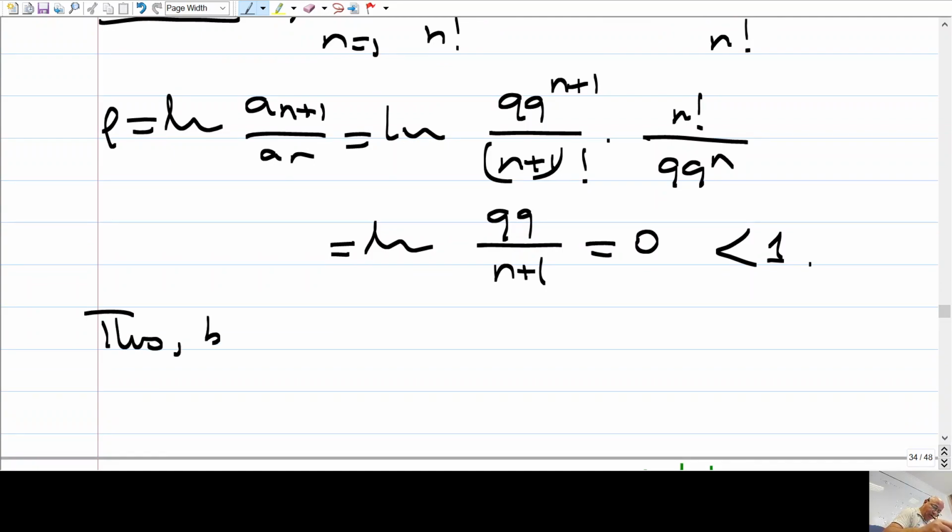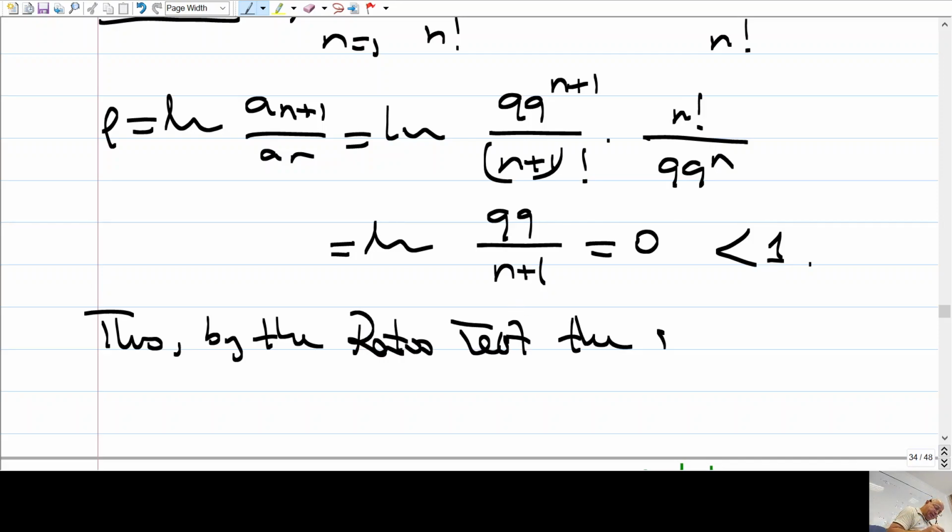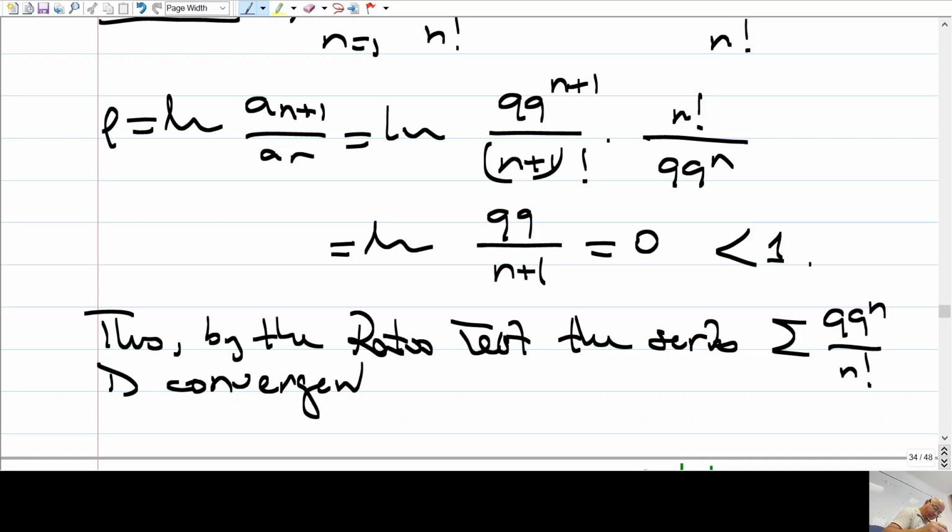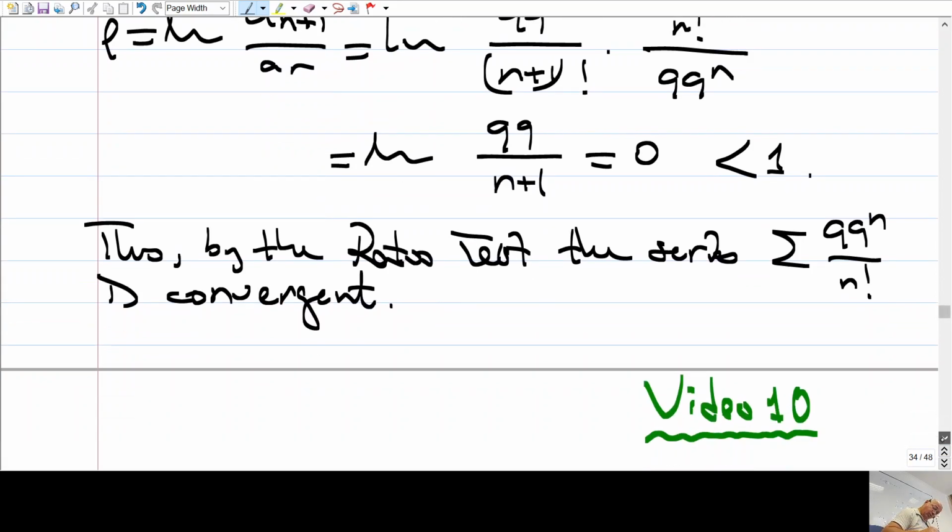Thus, by the ratio test, the series is convergent.